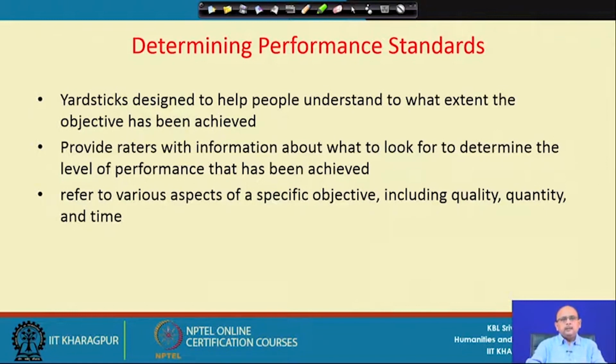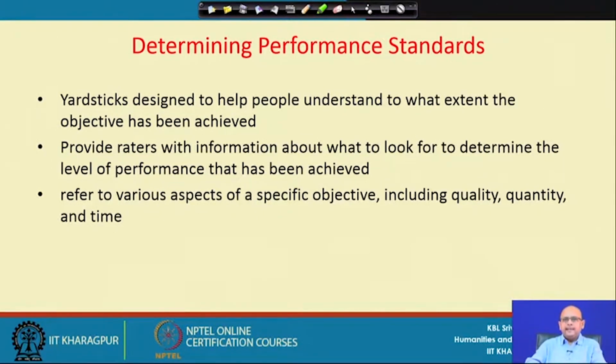It means that he is only able to reach 50% of his performance target, right. If the sales figure shows that he is able to generate 50 lakh rupees, while the target is 75 lakh rupees, what does it mean? It means that he has not been able to reach the target, and that is why for each of these objectives you need to set standards, and then his performance is compared against the standard.